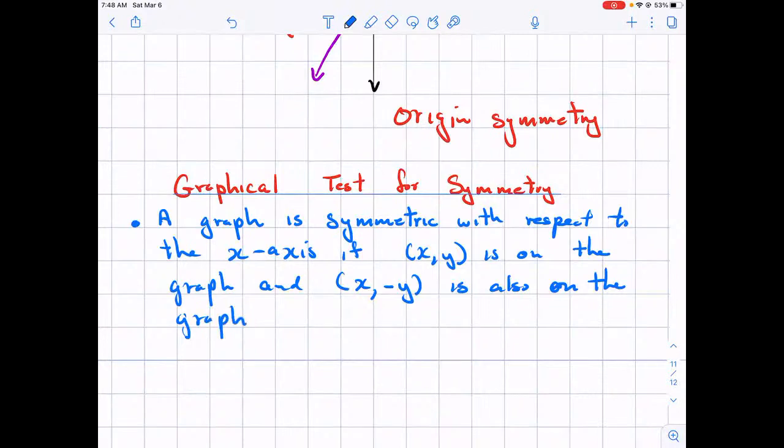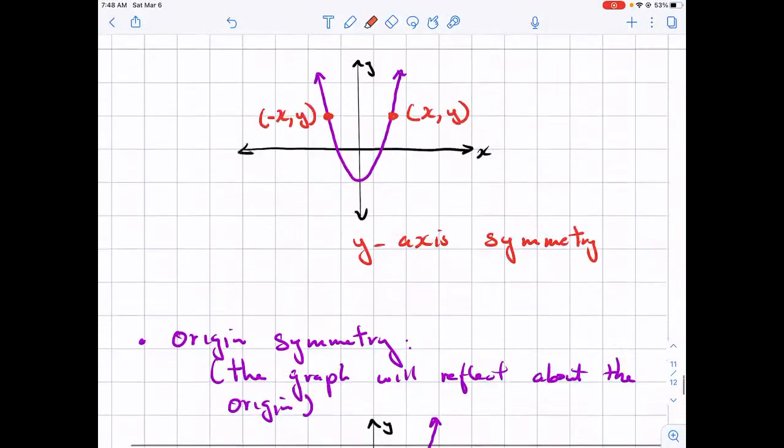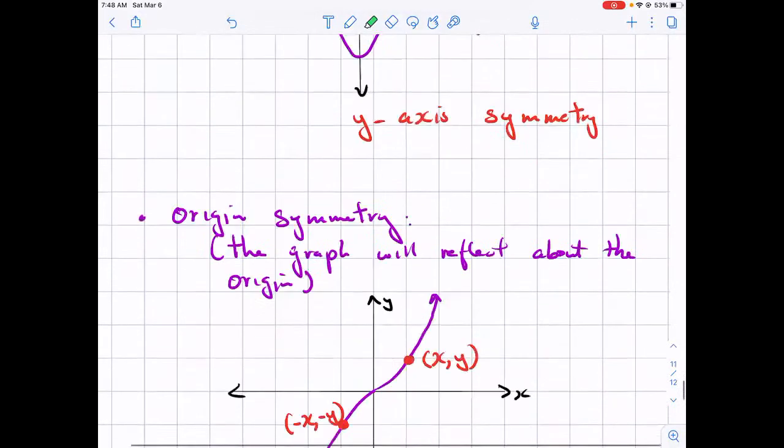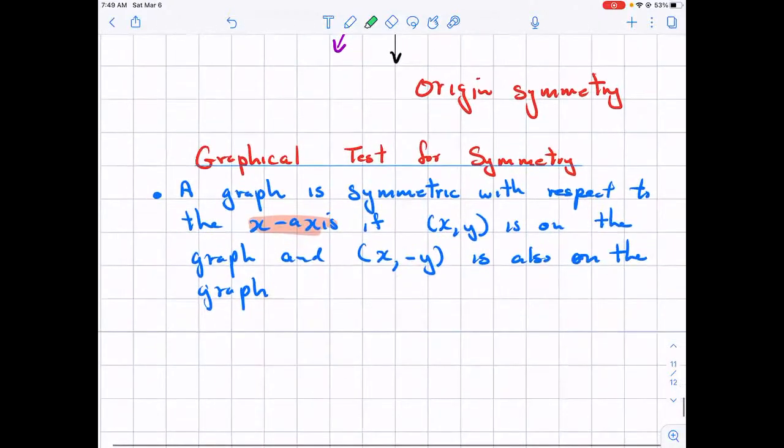And we've seen that before, right? For x-axis symmetry in this picture, we saw that the y value is the one that changed. The y value changed. And that's what we're saying here. Y becomes minus y.